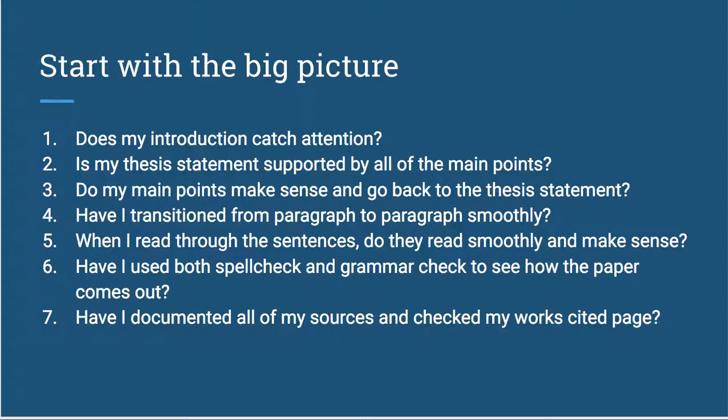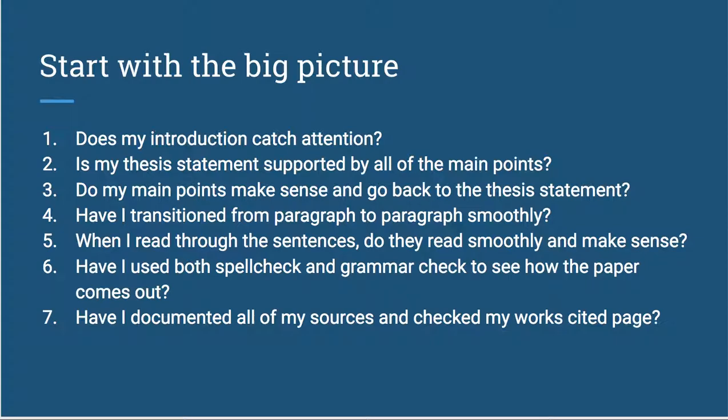You can go to a site that will evaluate your paper and tell you how many sentences you have that are run-ons or that are short, or they will tell you the average word count in your sentences. And if you plug your paper into one of those sites, you're going to get a grammar check. They're going to tell you if you have fragments or run-ons. This is a really great way to catch stuff that you might not catch on your own.